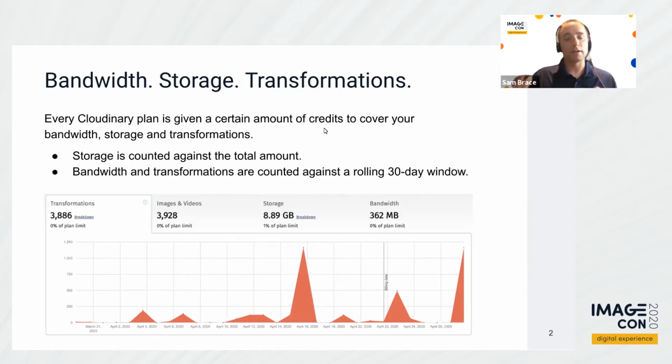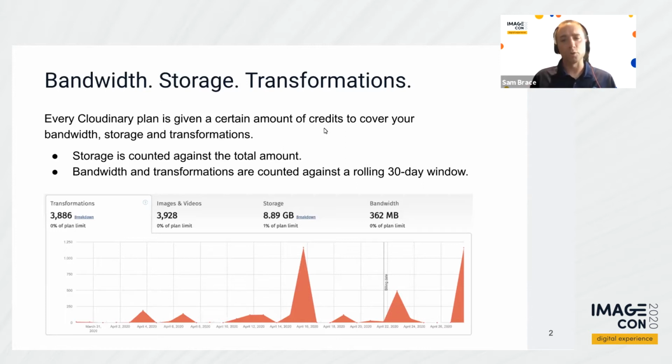And that storage is counted against the total amount, since your storage typically doesn't fluctuate on a day-to-day basis. However, your bandwidth and transformations do fluctuate day to day, because it's based on the amount of people that are consuming that content, as well as the transformations that you or your users are creating when they are getting that content delivered to them.